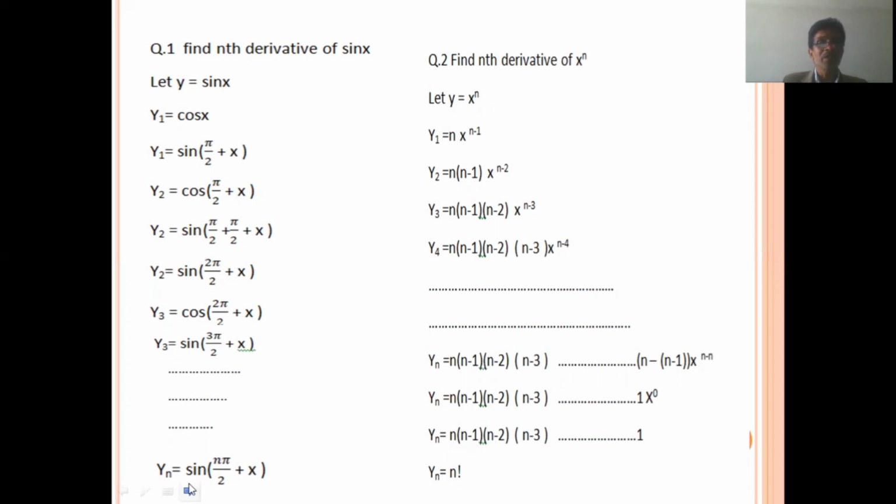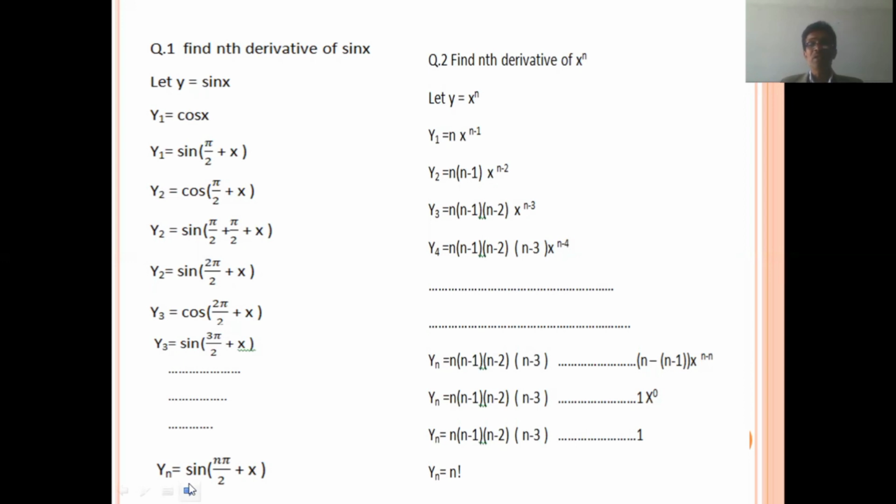Similarly, the nth derivative yn is equal to sin(n pi/2 + x). After finding the first, second, third derivatives, we can find a series, and using the series we can write the nth derivative yn equal to sin(n pi/2 + x).